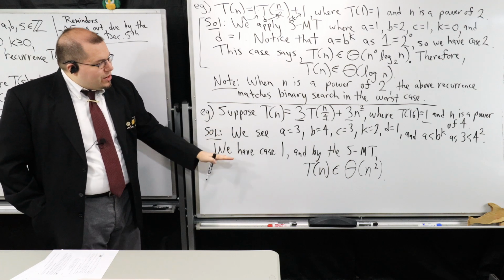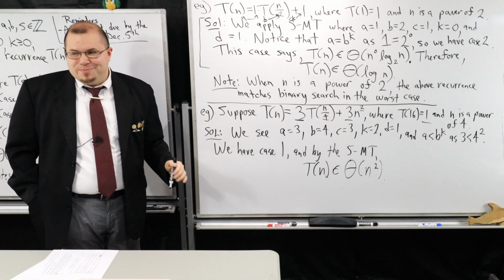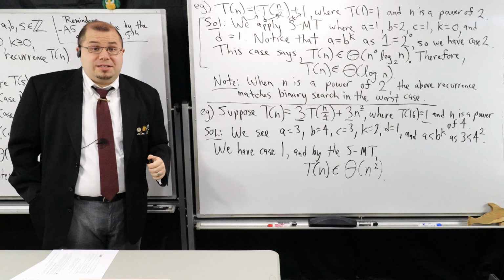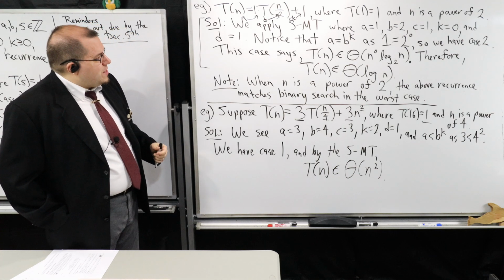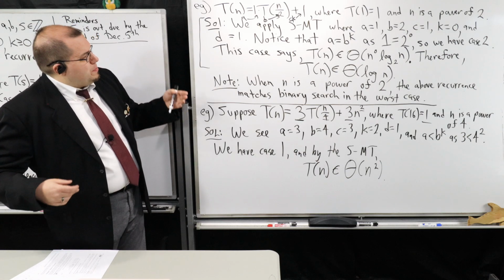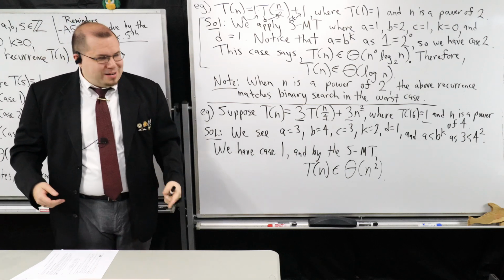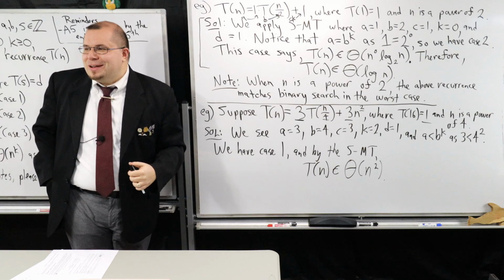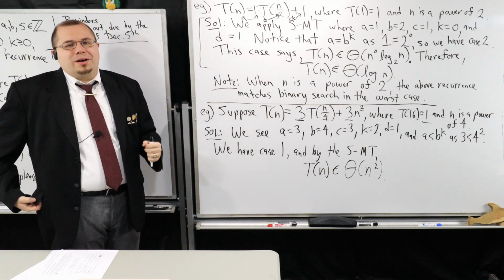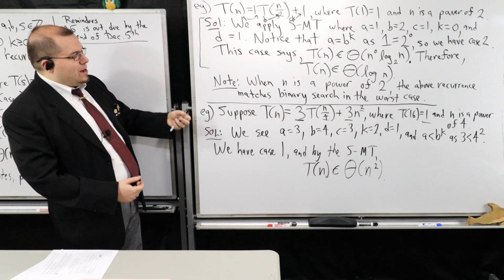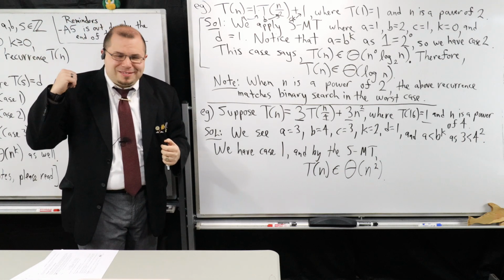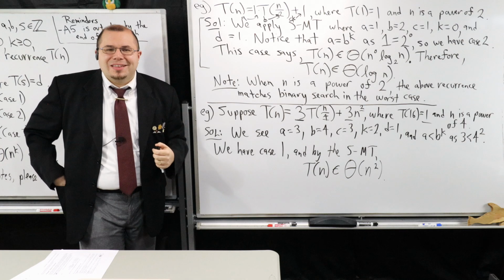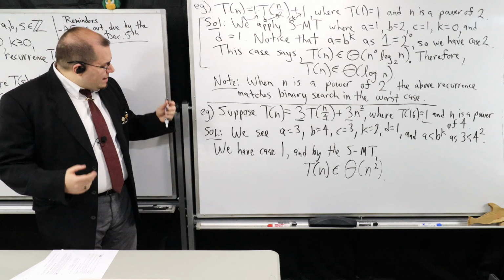Somewhere you need to acknowledge where you're using the simple master theorem. That's all you really need to do. Sometimes you'll see that I say we apply the simple master theorem, or by the simple master theorem. At some point I need to invoke that, because otherwise the result just comes out of thin air, right? Where did the result come from? It came from the simple master theorem. Hopefully that clarifies that.